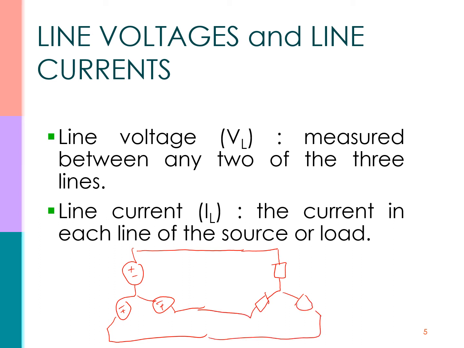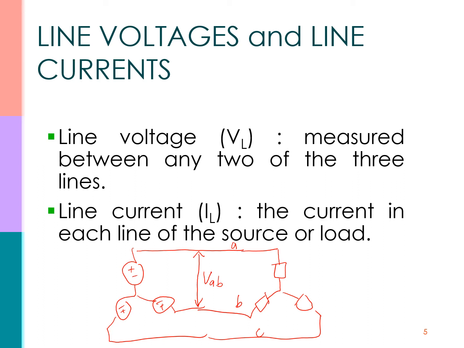Line voltage is measured between any two of the three lines. Previously I discussed the phase voltage. Now for the line voltage, we have a source here, and then it is connected to a load. This is line A, this is line B, and this is line C. So the line voltage we measure from line A to line B, we call it VAB.